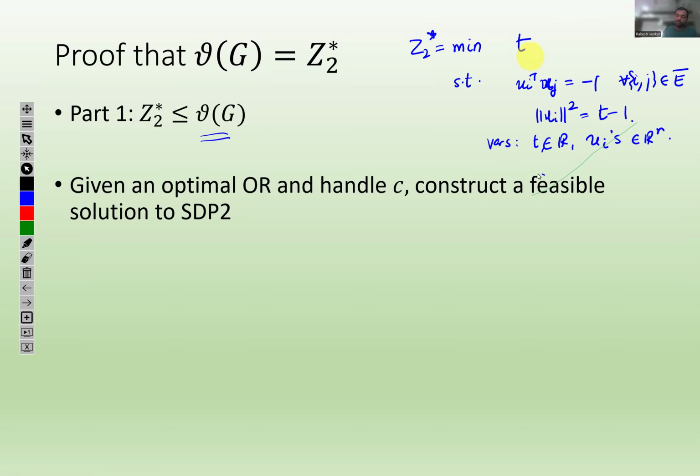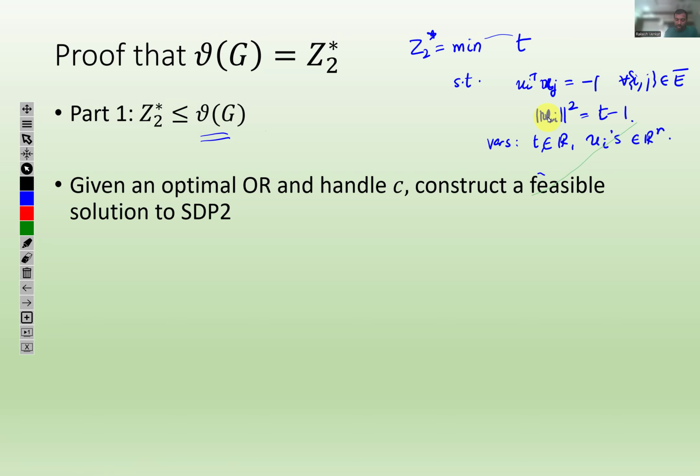If I construct a feasible solution to this vector program, then I'm done, because the actual optimal value of the vector program will only be less than that. So what is the feasible solution we can construct?